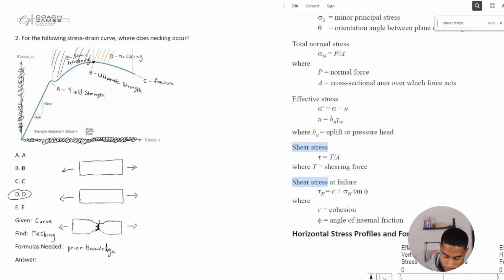Like necking is a phase, right? Happens from just there to there. And it's separated by these little bars, right? Strain hardening is a phase. So it pretty much happens from the time that it hits its yield strength to its ultimate strength. Okay.